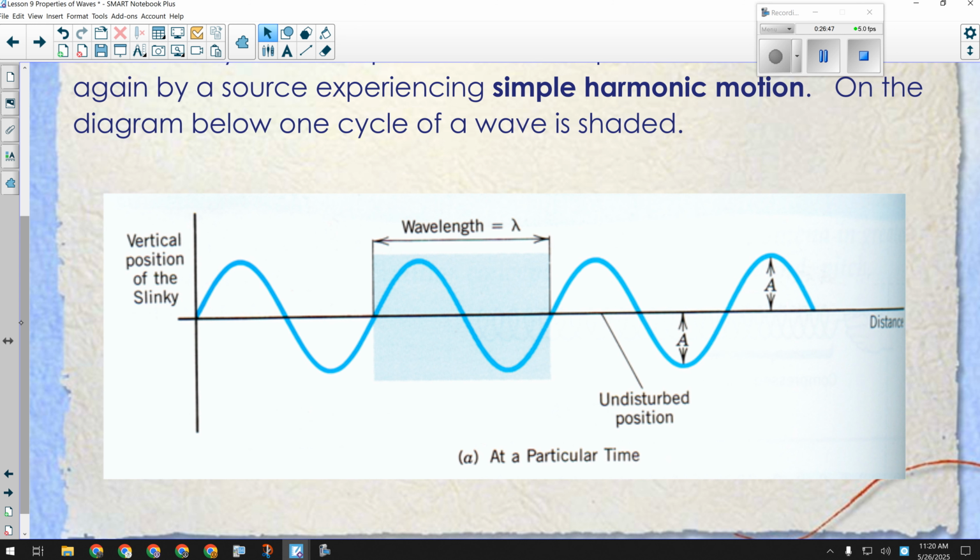Because out in the deep ocean, they're traveling really fast and they're really long. When they get close to the shore, they're really short and really slow, but the same number of waves goes by every second. So the frequency of a wave doesn't ever change. I think I've said that half a dozen times in the last 2 minutes. So it's super important. The frequency of a wave never changes.